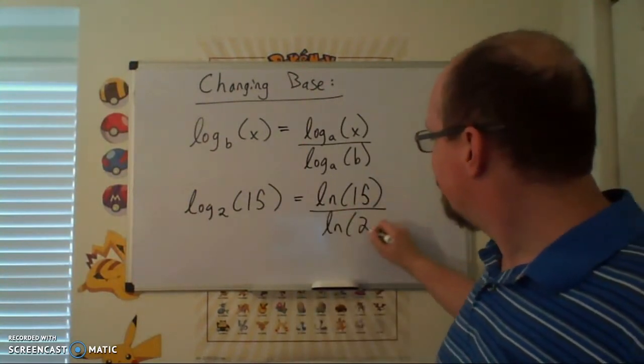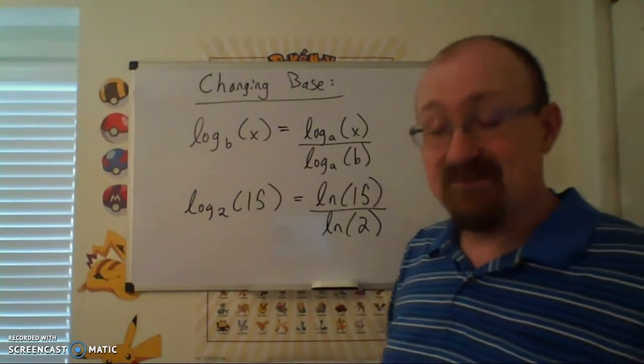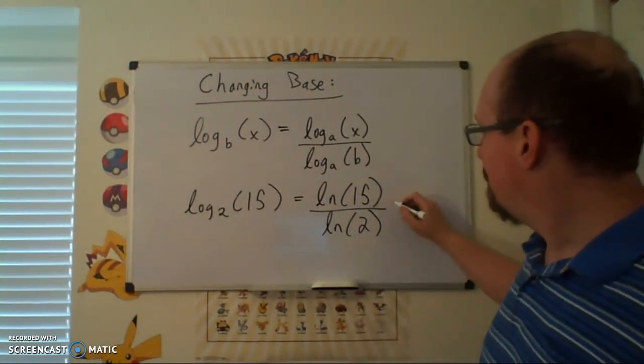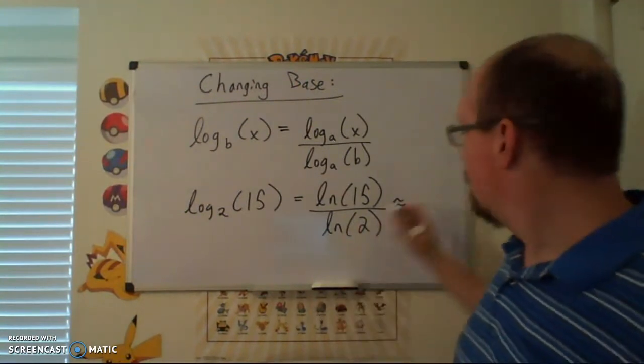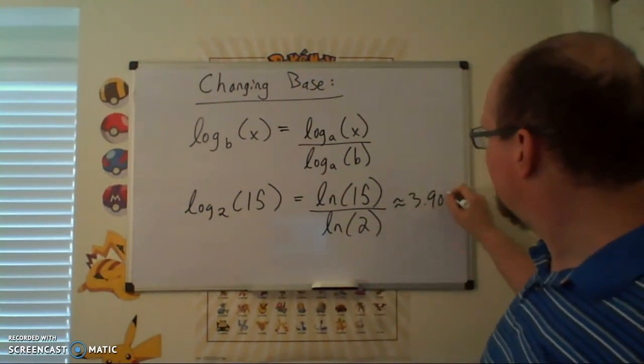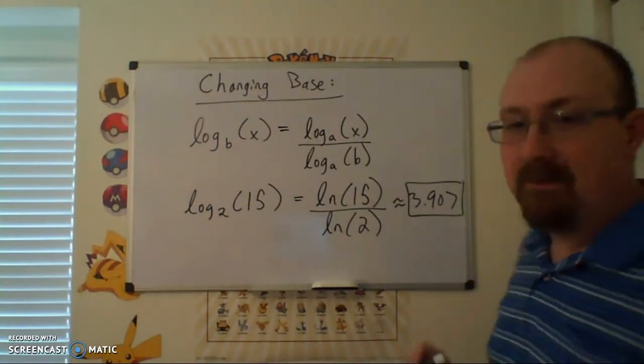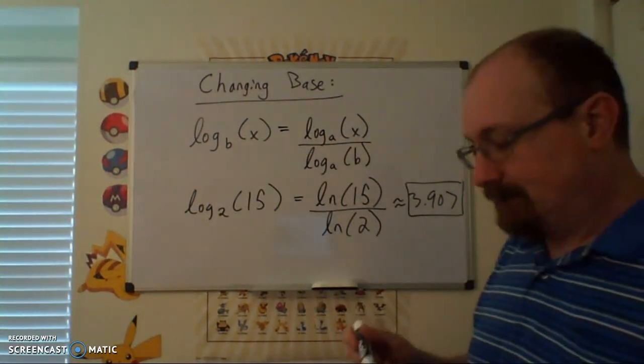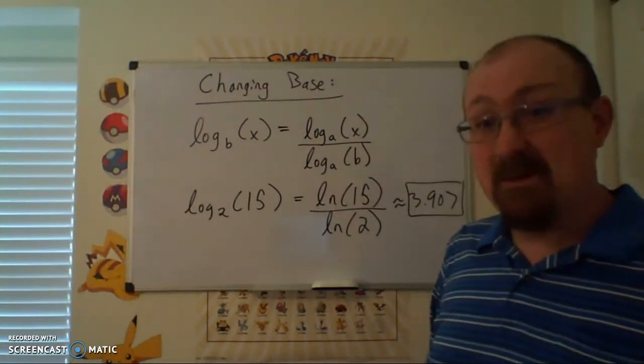So I'd have the natural log of 15 divided by the natural log of 2. If I put that into my calculator, I got approximately 3.907 if you go to 3 decimal places. So that can be pretty handy.